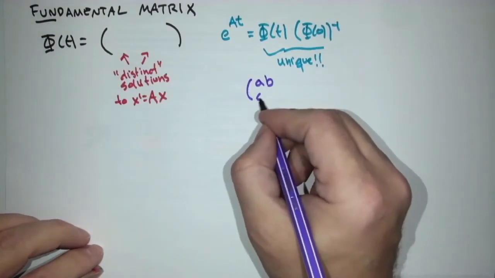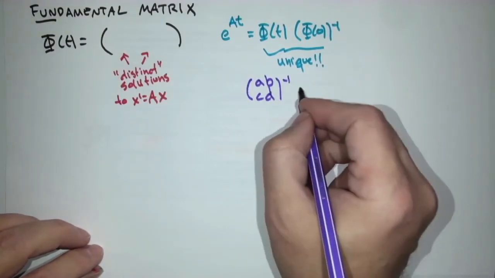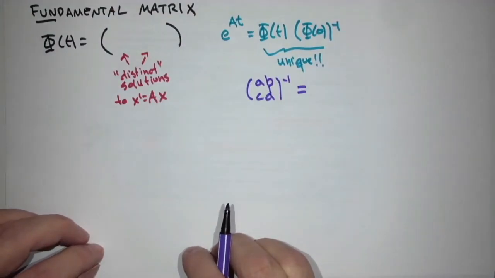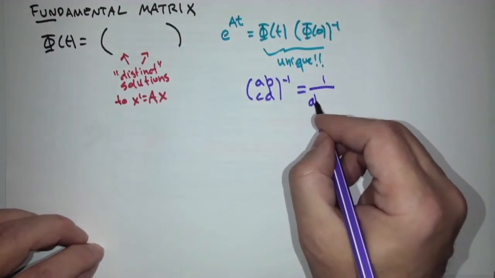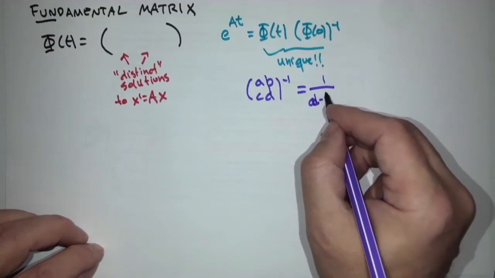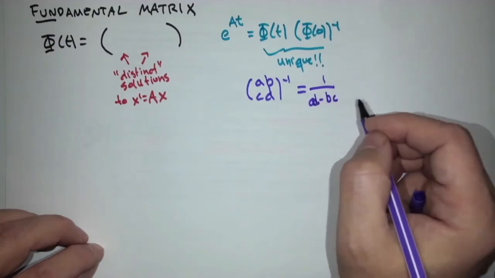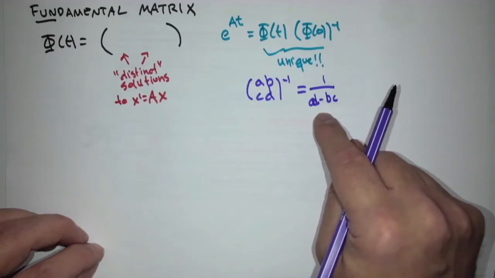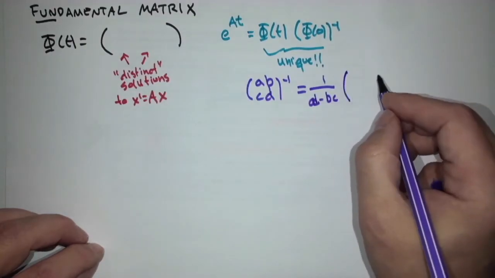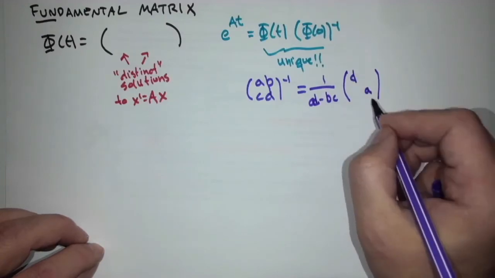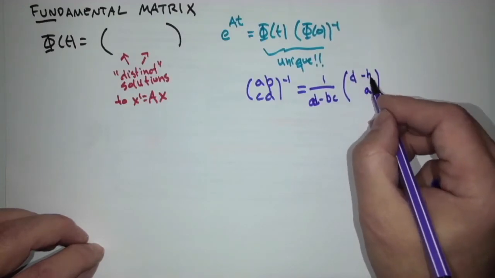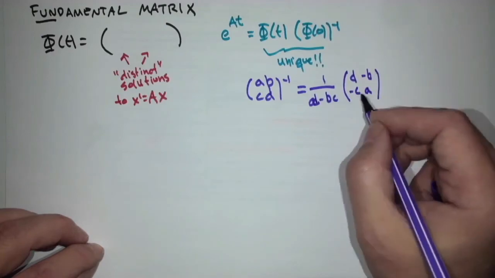Let's just remind ourselves very quickly: the inverse of the matrix A, B, C, D. Do you remember what that is? It's 1 over AD minus BC, or minus CB. This is also called the determinant. And then swap the diagonals and change the sign.